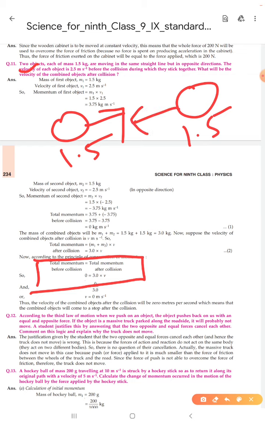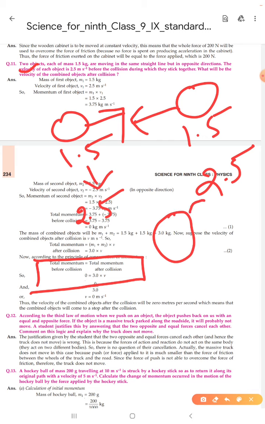Now the velocity of each, which are 2.5 and 2.5 meter per second, are given. You should understand this. Before collision, this is the condition. They are moving, so definitely at some time they will stick together, they will combine like that.